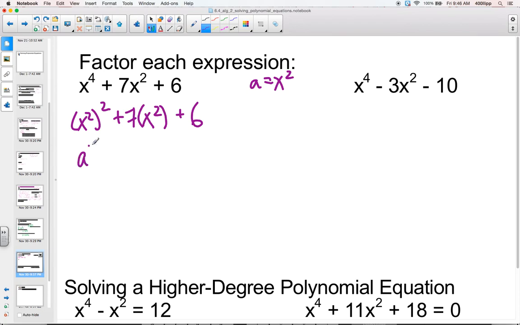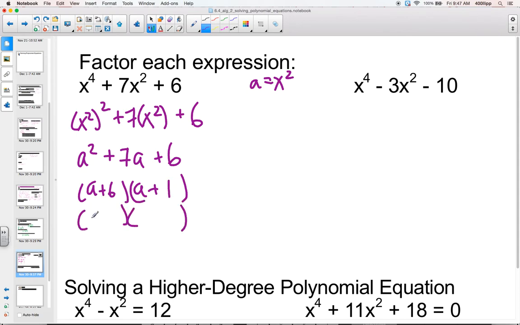So I have a squared plus 7a plus 6. And then I'm going to factor this. I'm going to say what multiplies to 6 and adds up to 7. And that's going to be a plus 6 and a plus 1. And now I'll substitute my x squared back in for a. So x squared plus 6 and x squared plus 1.